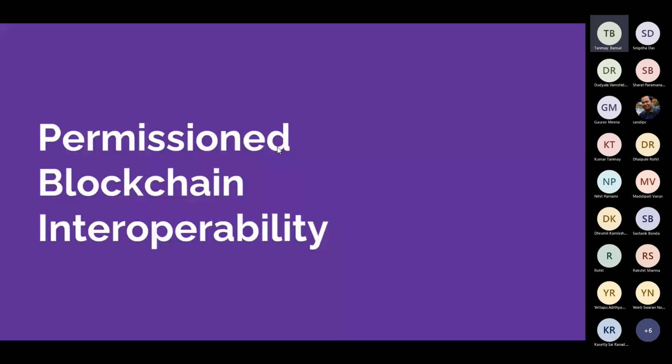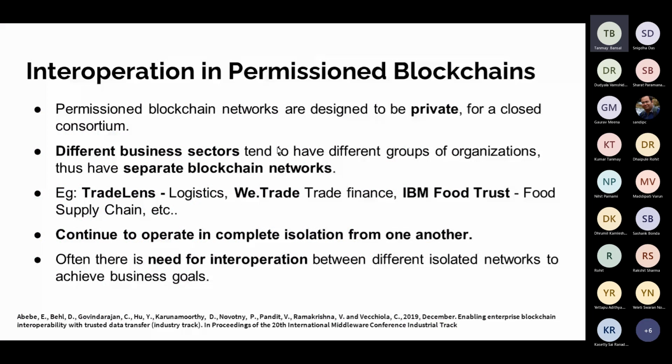In contrast, when we have permissioned blockchains, it is more about transferring of data, and that should be a consensus view of the data that is to be transferred.